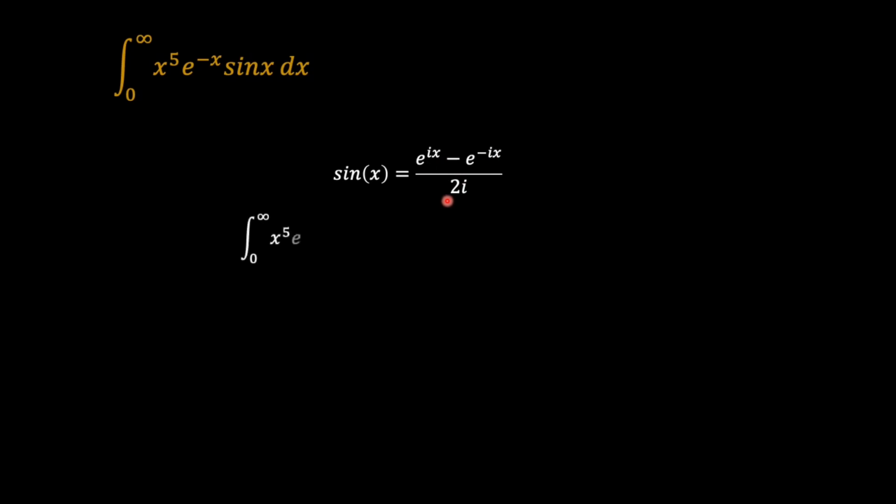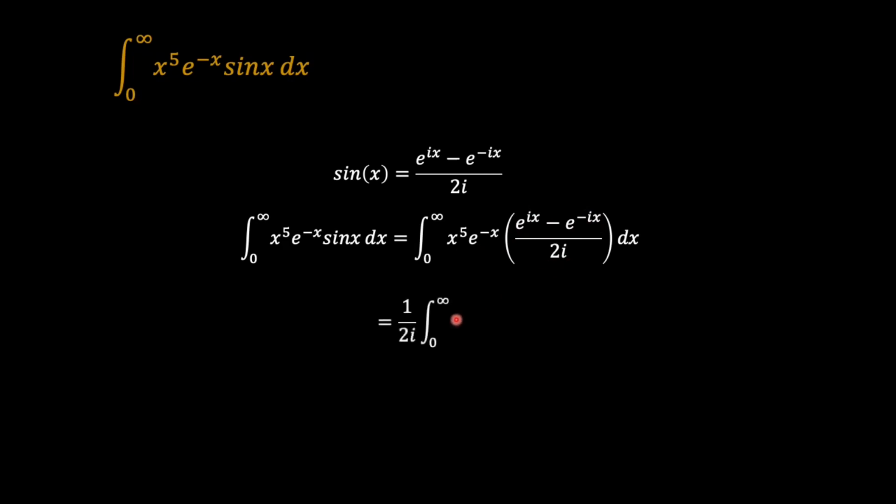So when we substitute that into the integrand, we have x to the power 5 times e to the power negative x times e to the power ix minus e to the power negative ix over 2i.